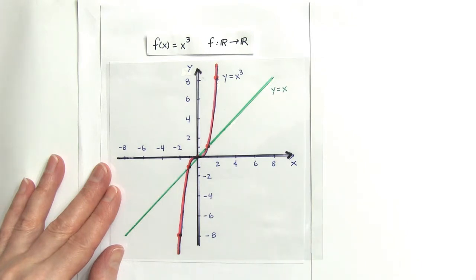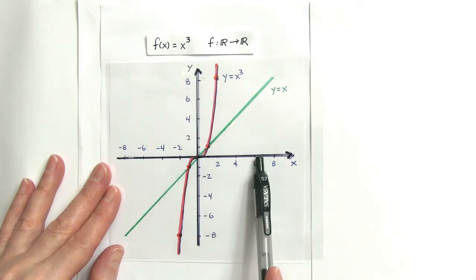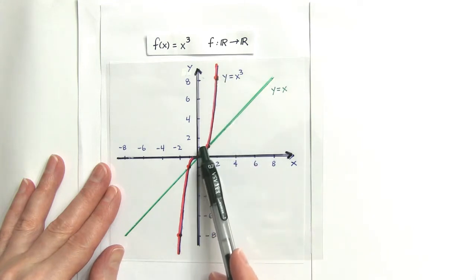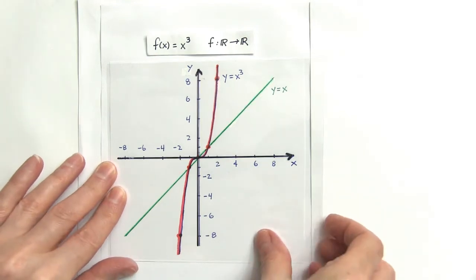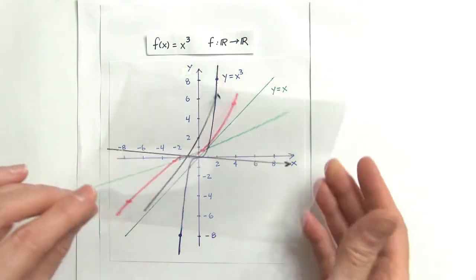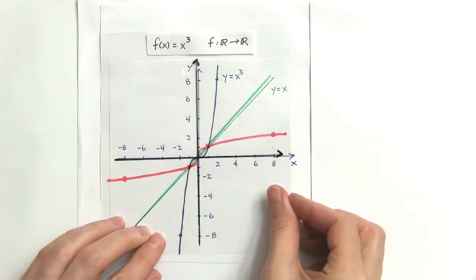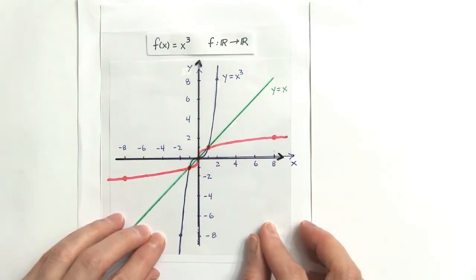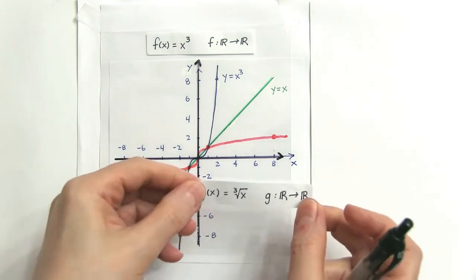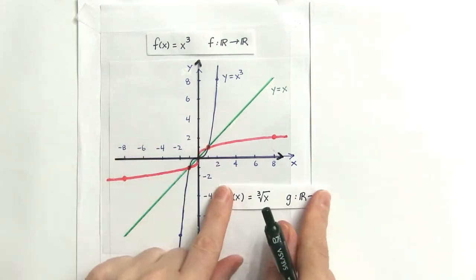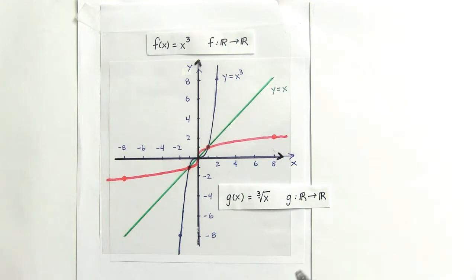And when we reverse the roles of the x and the y axes and reflect this graph across the line y equals x, like this, we see that we get another function, the cube root function. g of x is the cube root of x, which maps the reals into the reals.